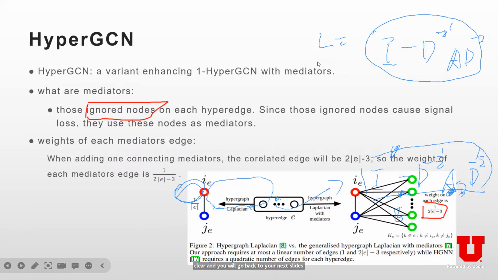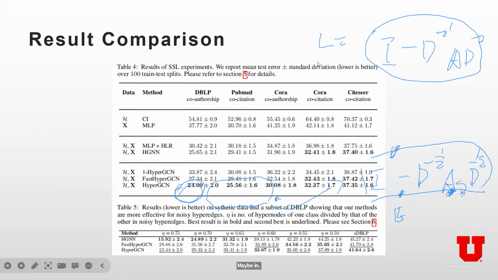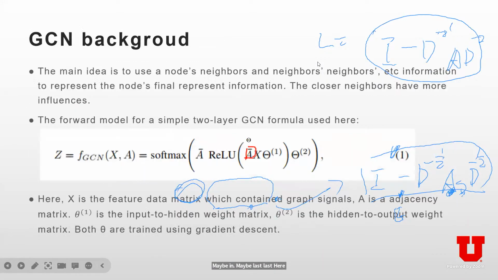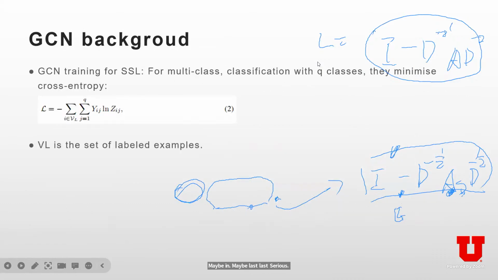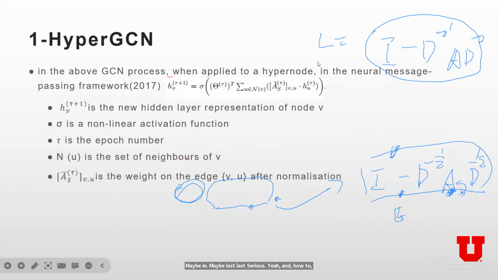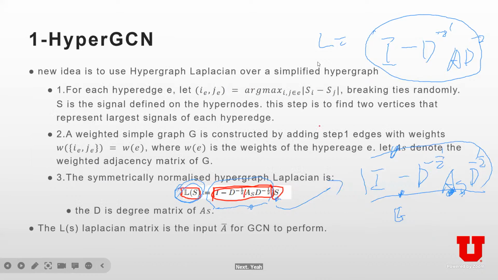Yeah, if you go back to the next slide, maybe the previous one. Yeah, go to the slide on how to define the AS. Yeah, that's the one. This procedure shows how you build your hypergraph Laplacian.